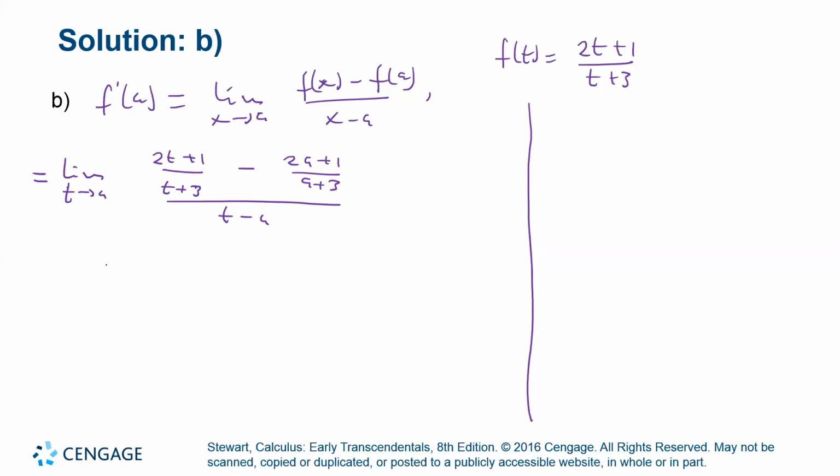Okay. So I'm going to pull the denominator out just like this for the h. So we have the limit, t goes toward a, then I have 1 over t minus a.